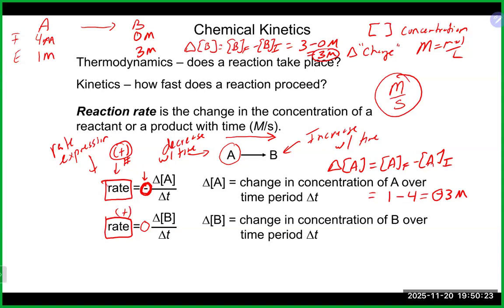So when you write a rate expression for a reactant, you do have the negative there to make sure that you end up with a positive overall rate for that reaction, because the change in the concentration should be negative, since it should be decreasing with time, while on the product side, you don't have to worry about that, because you should end up with a positive value for the change in the concentration of that product. Any questions on that there?